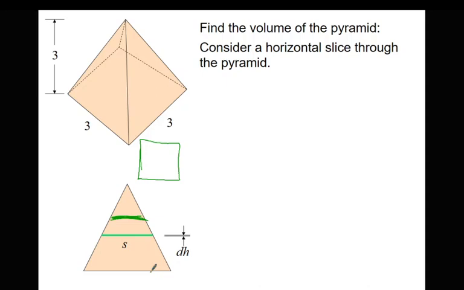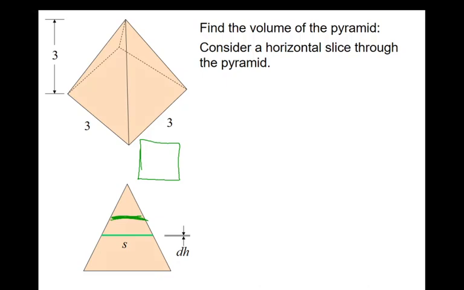So what's happening here is I can say the volume of this slice is s squared, because the area is a square, times the change in the height, this dH. So the volume of one slice is this.